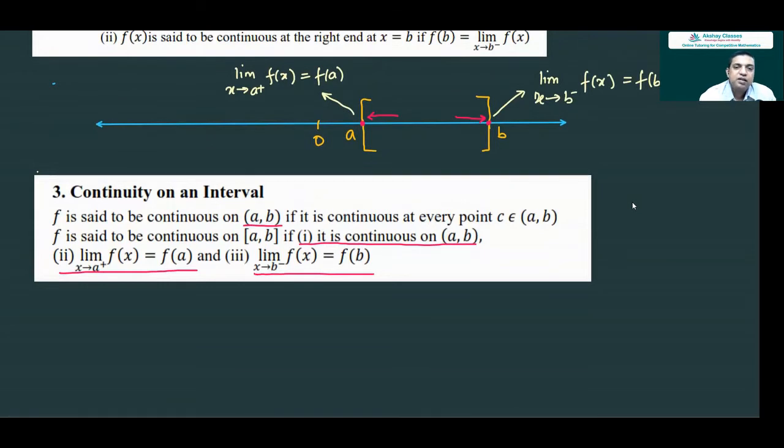So the function should be continuous at all points within the closed interval, and continuous at the endpoints taking one-sided limits. Then we say that the function is continuous on that interval.